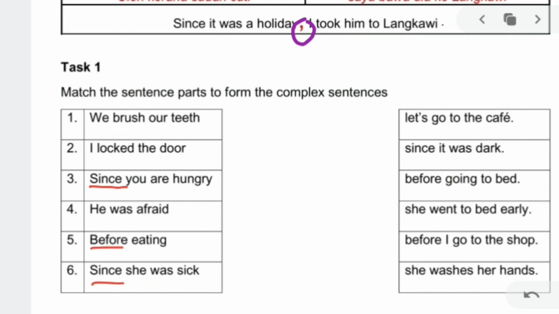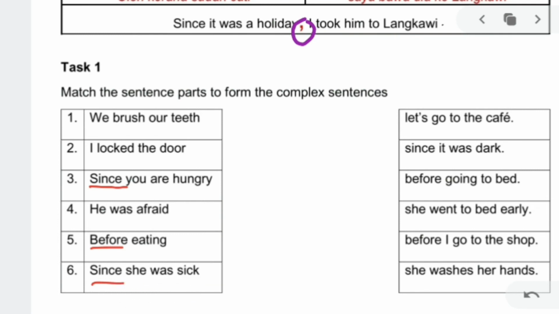Number 1. We brush our teeth. Kami memberus gigi. I lock the door. Saya mengunci pintu. Since you are hungry. Oleh kerana awak lapar. He was afraid. Dia berasa takut. Before eating. Sebelum makan. Since she was sick.